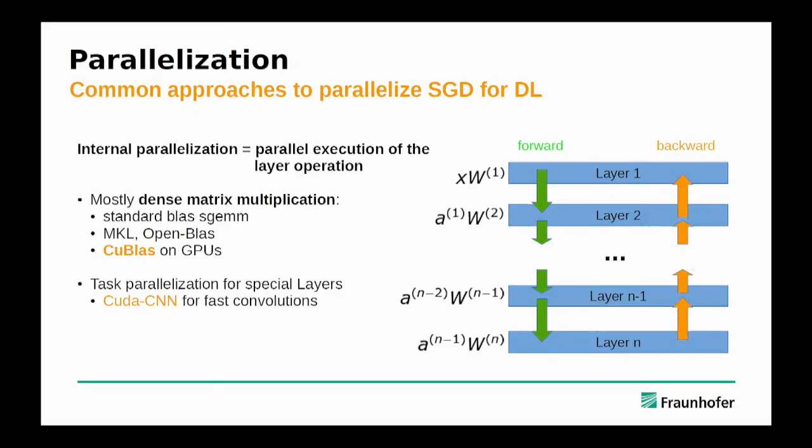This is very simple and very effective, and the main reason why GPUs are so effective in this area. The other part is that we also can use task parallelization in these layers. For some of the operations, especially for the filter operations in the convolutional neural networks, you can compute several of these filters in parallel, very simple task parallelization. And this is one part where NVIDIA has been putting a lot of work in helping the community to get faster.